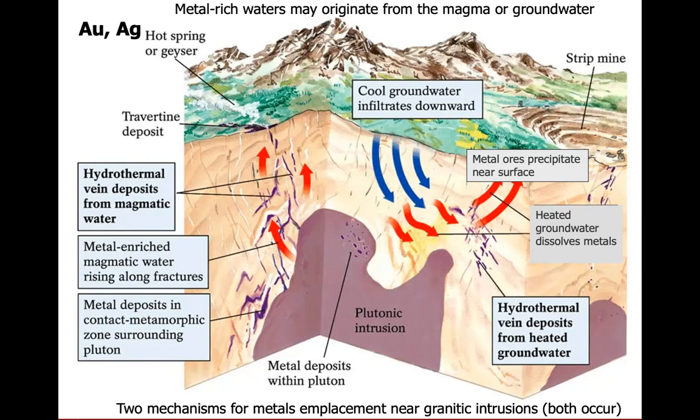But this happens mainly in the oceanic crust, because there is an ample amount of water which goes into the oceanic crust, and also the oceanic crust is thin compared to the continental crust. Therefore the depth to which the groundwater needs to flow is shallow in the case of oceanic crust.